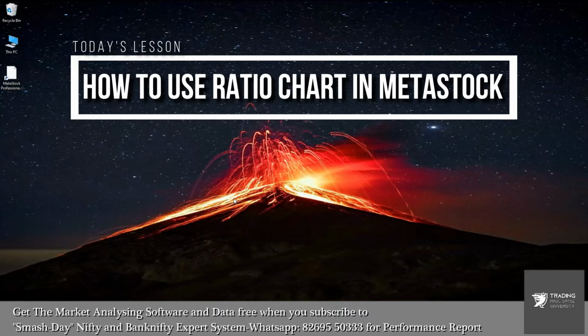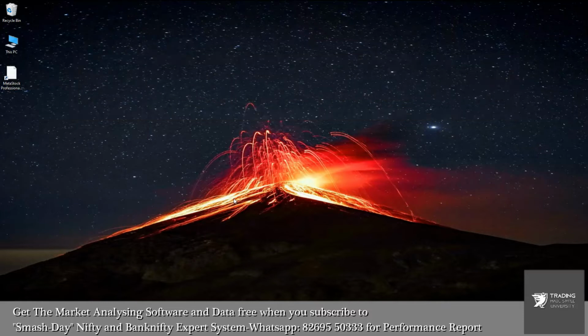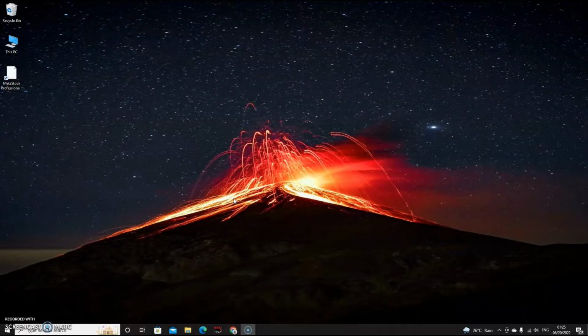By looking at the ratio chart, we can compare the stock and its index in a more mathematical approach. We can also take this analysis a bit further and compare two stocks in the same manner. I hope I will be able to show you this idea. So let us start.